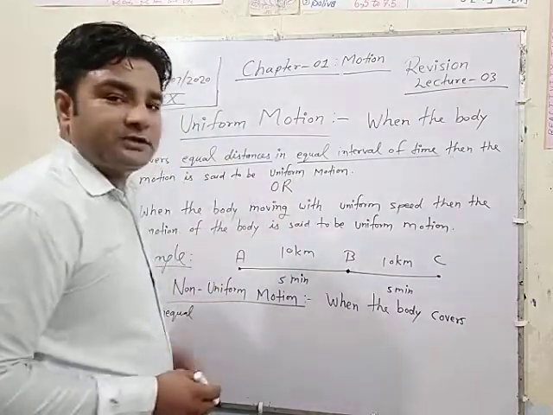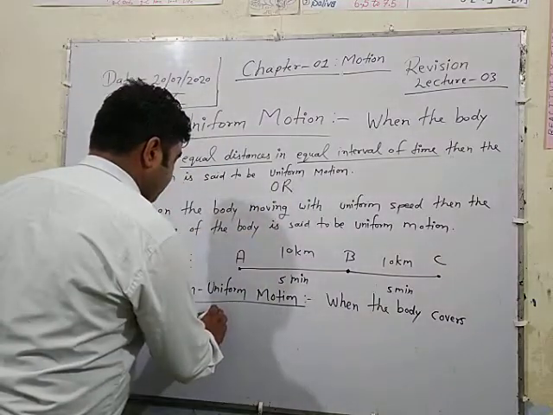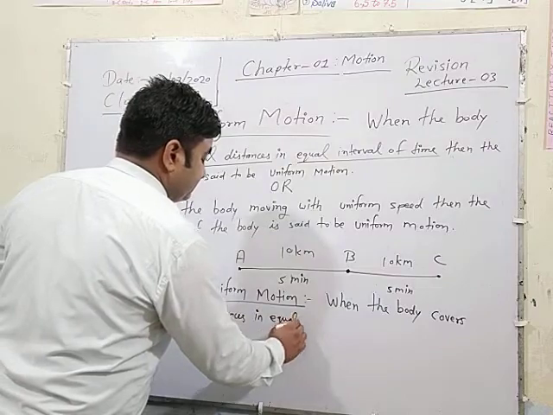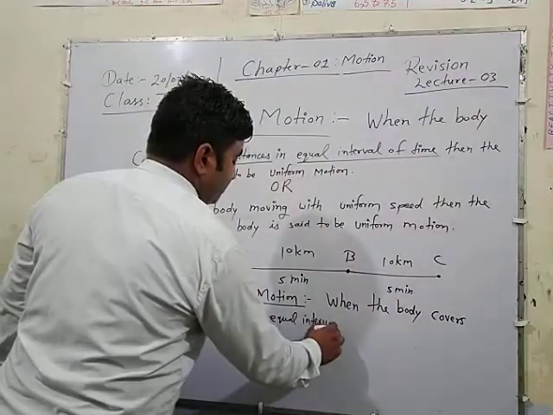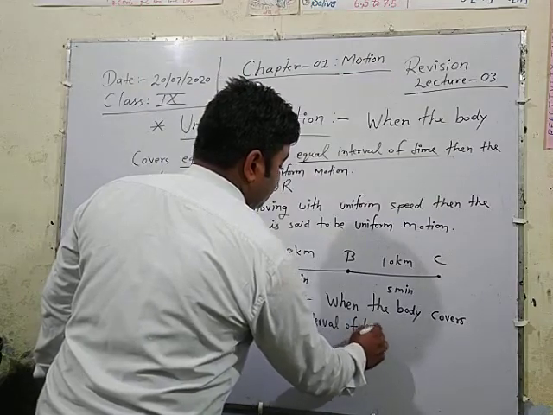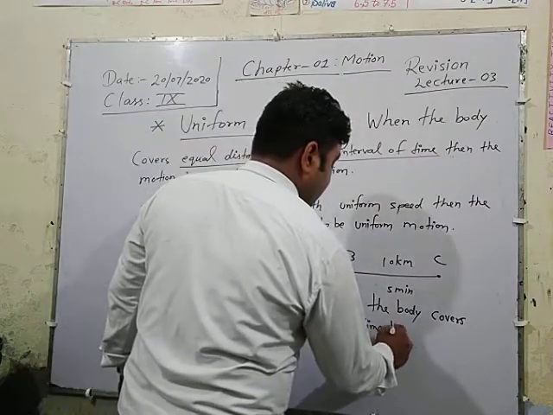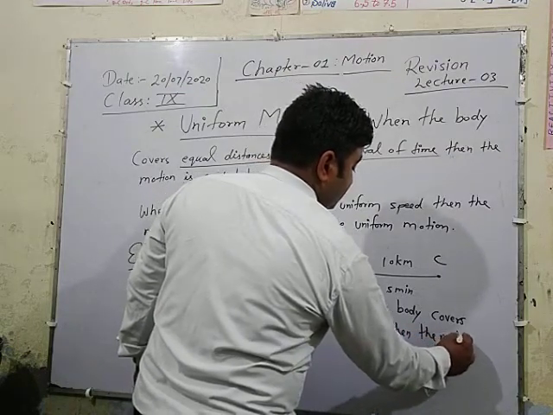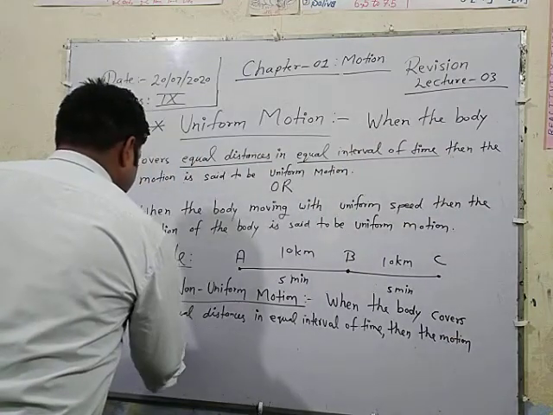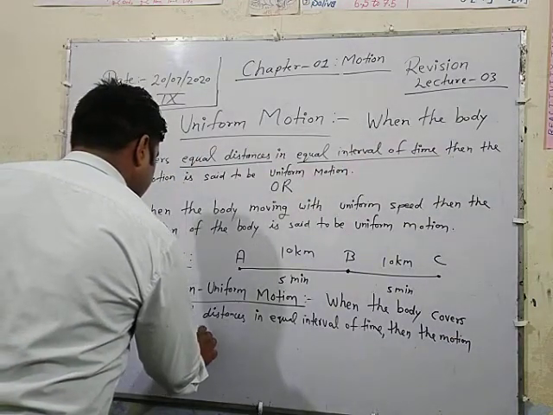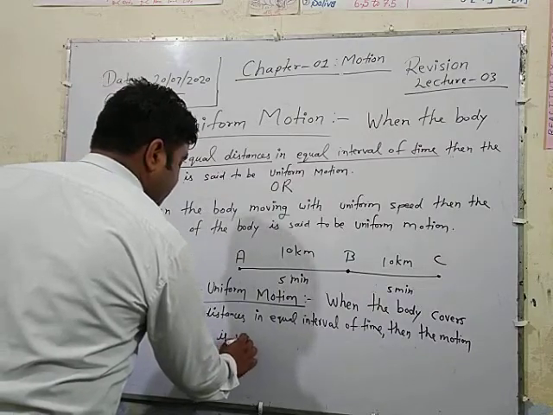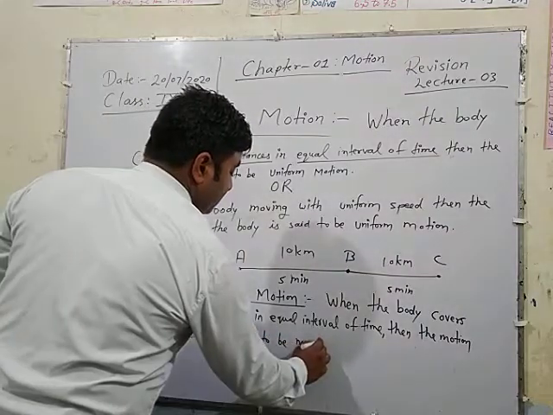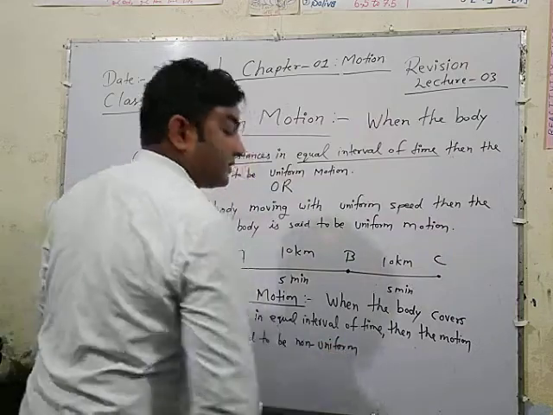So I am taking unequal distances in equal interval of time, then the motion of the body is said to be non-uniform motion.